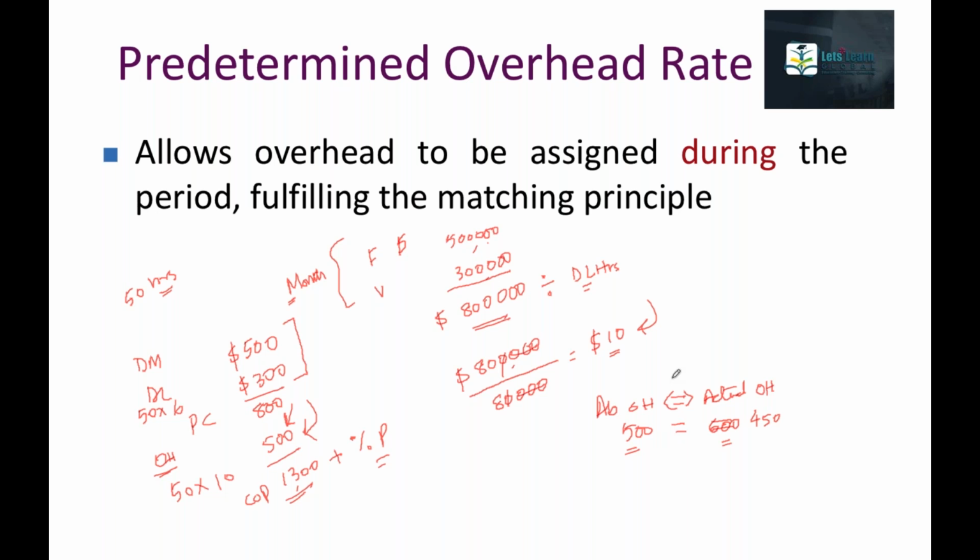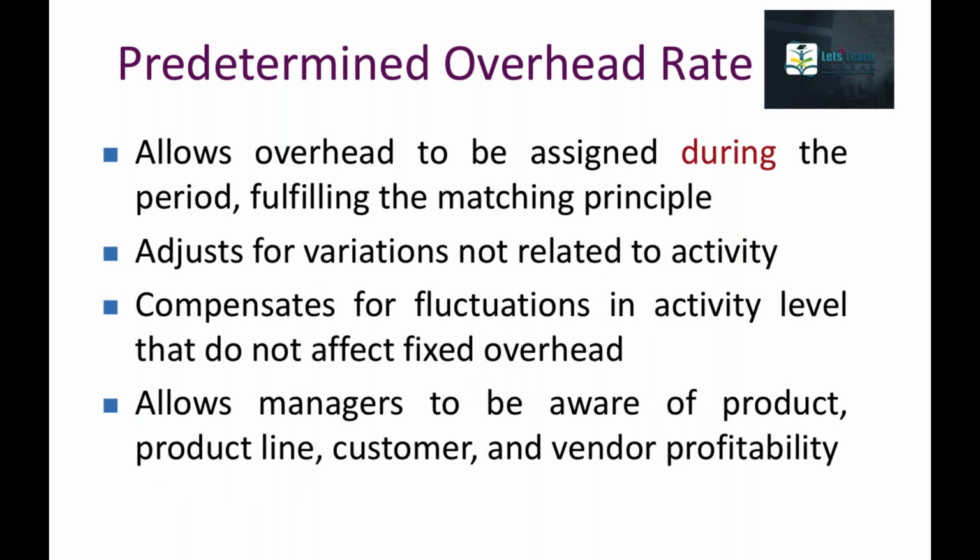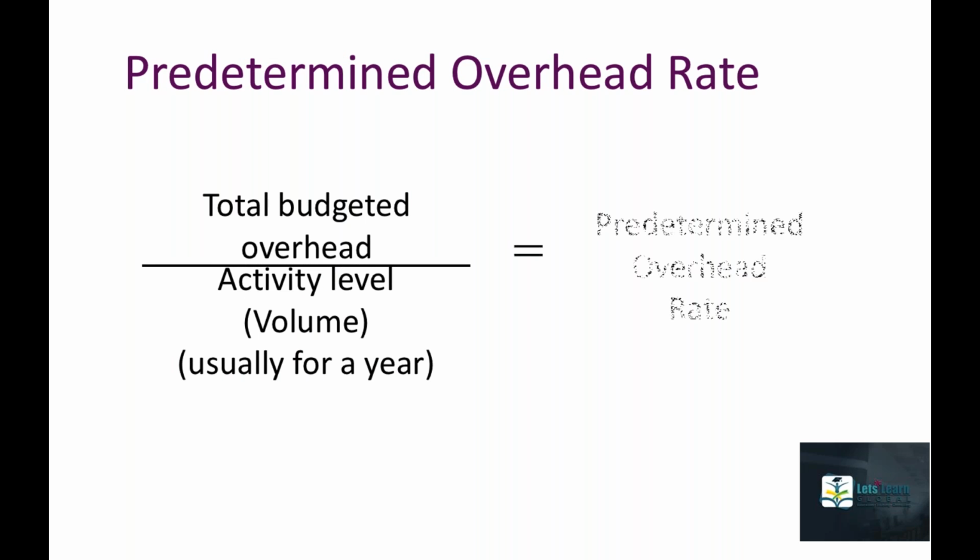So the predetermined overhead rate helps us to estimate the overheads based on some related activity. What is that related activity? Related activity can be labor hours in the case of labor intensive industries, machine hours in the case of automated industries. This volume, the direct labor hours or machine hours, etc., is calculated for a month or for a year, and the budgeted overhead also is calculated for a month or a year.